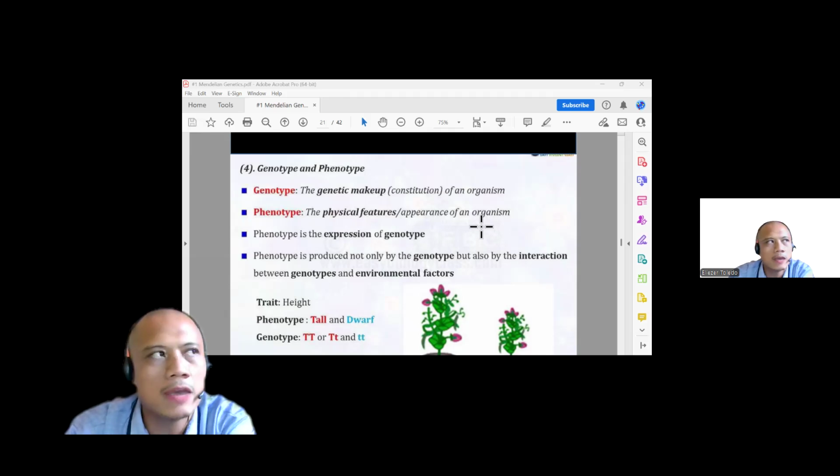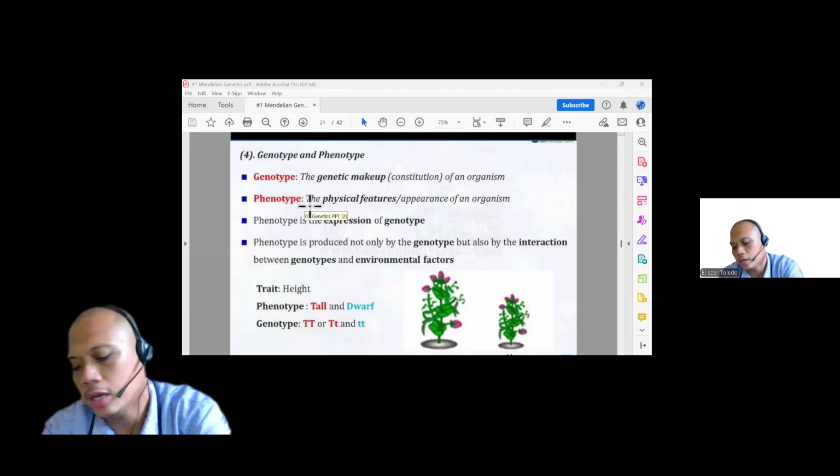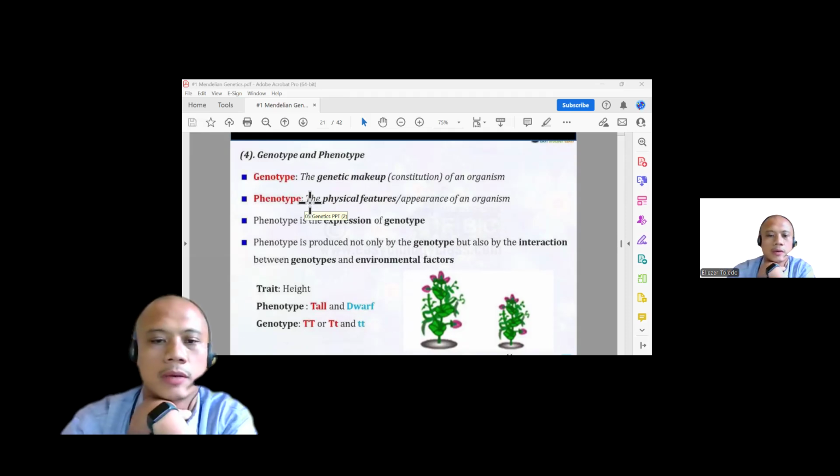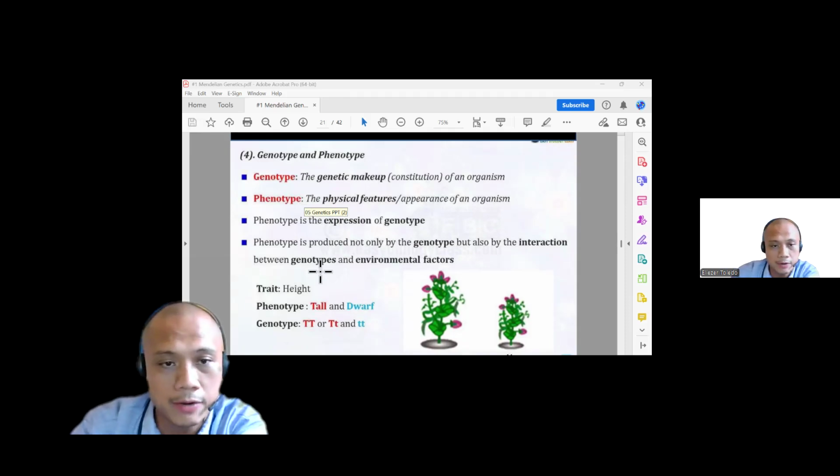If I ask about genotype, we talk about the composition of the gene, and if we talk about phenotype, it only refers to the features. Soon, when we do the monohybrid cross, you will know the specifics on this one.